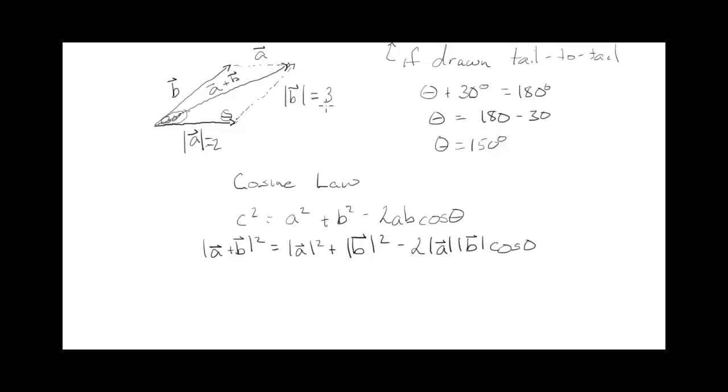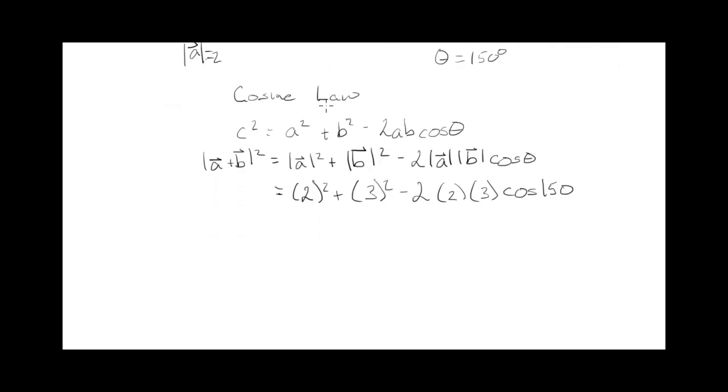And you're just going to fill in your missing values here. So magnitude a, that was 2. So 2 squared plus 3 squared minus 2 times 2 times 3 times the cosine of 150. Then you can simplify that.